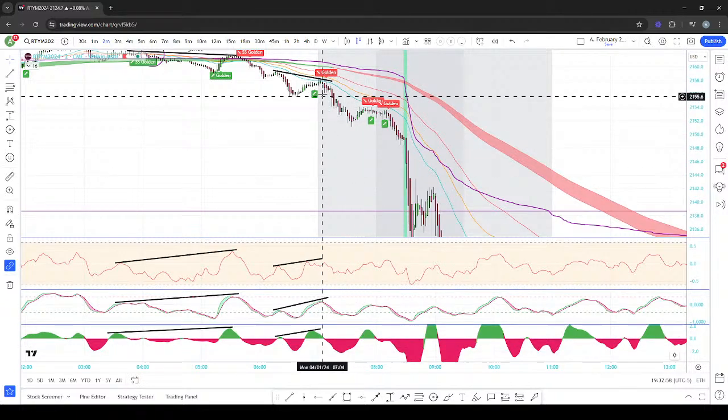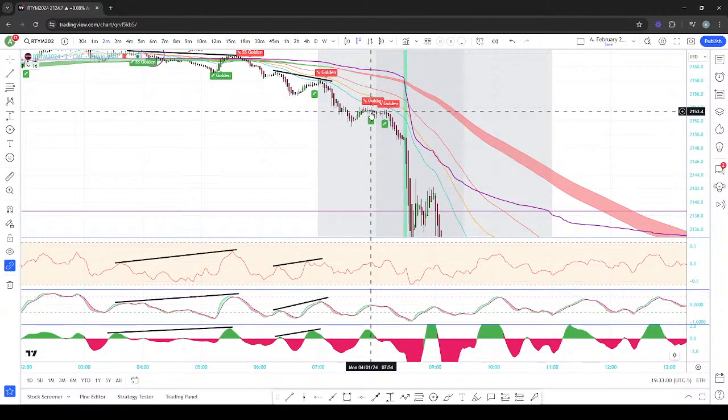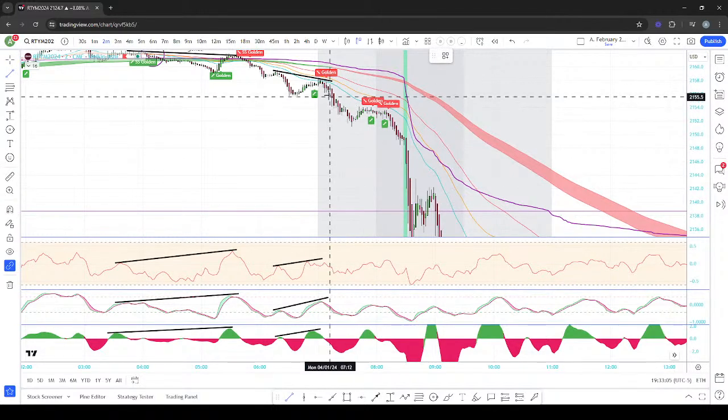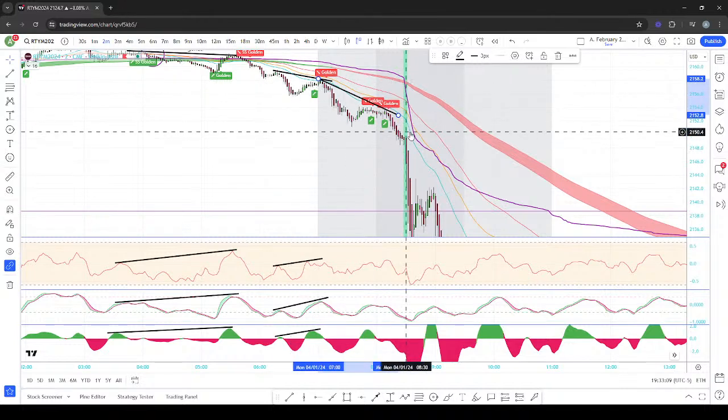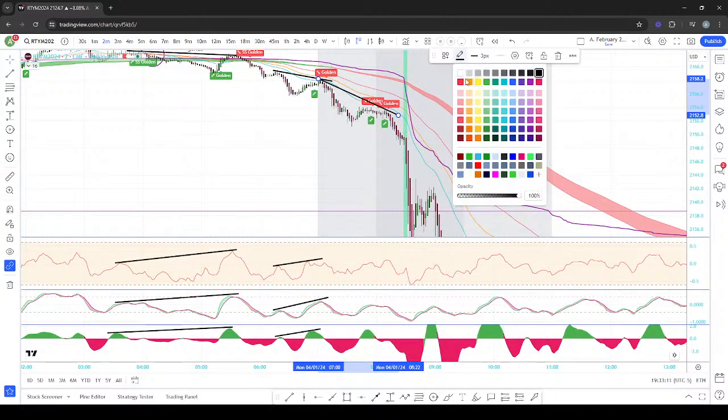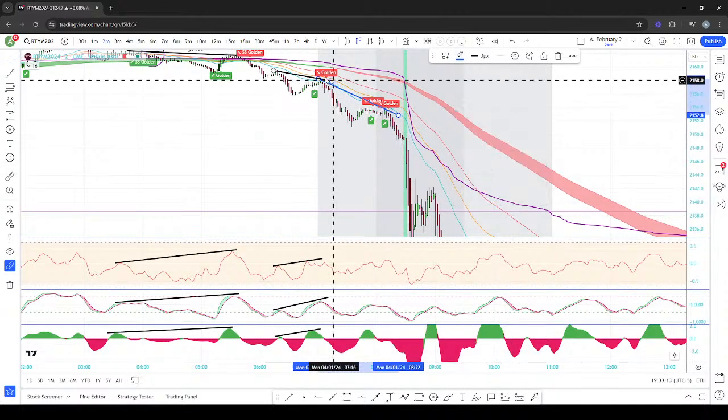I'm going to see if there is a divergence trade in here. Okay, and there is. So I just like to mark them. This is going down, I'll do this one in a blue color so you can see it.